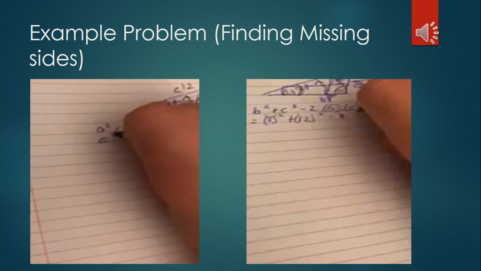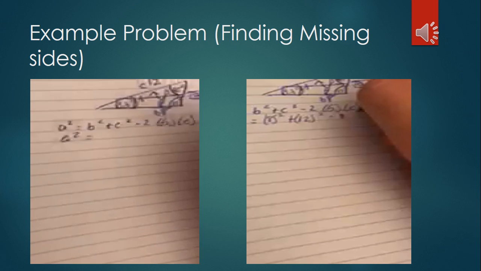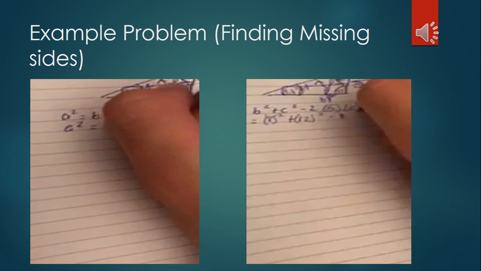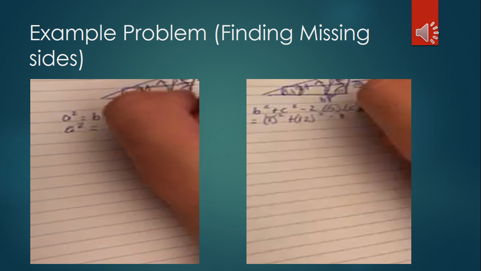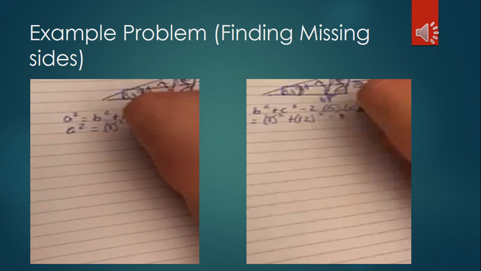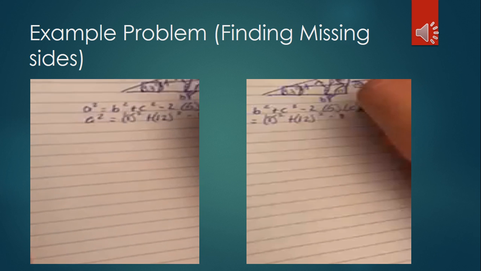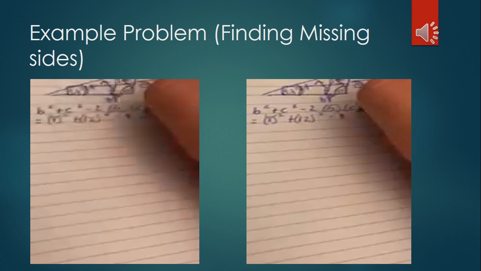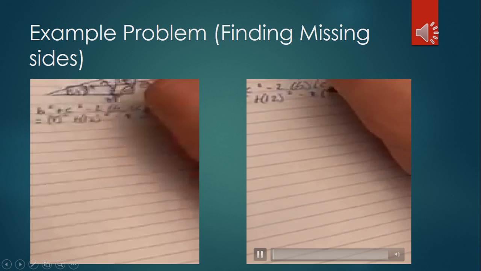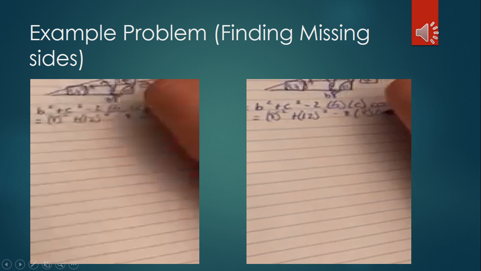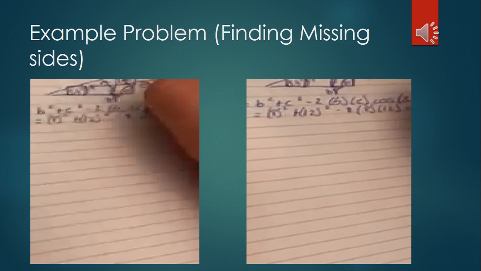So now you just basically solve and you plug in. So it'd be a squared is equal to b squared, which is 8. So it's 8 squared plus 12 squared minus 2 times 8 times 12 cosine 33.